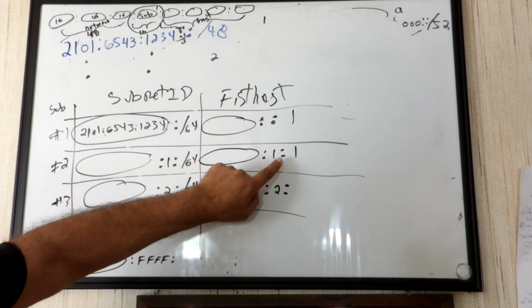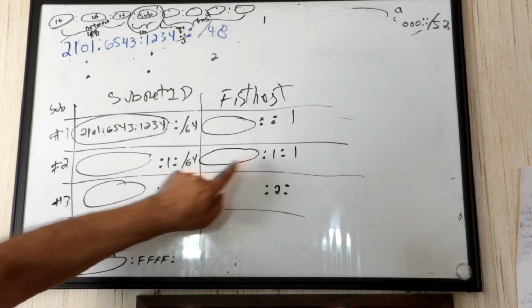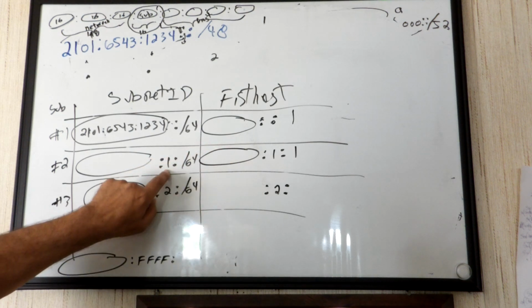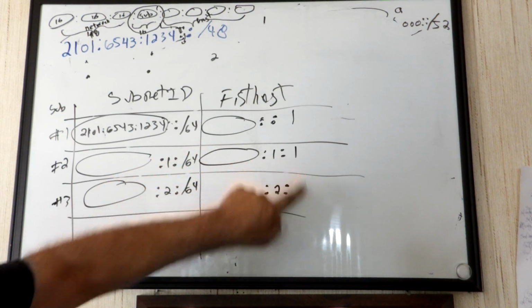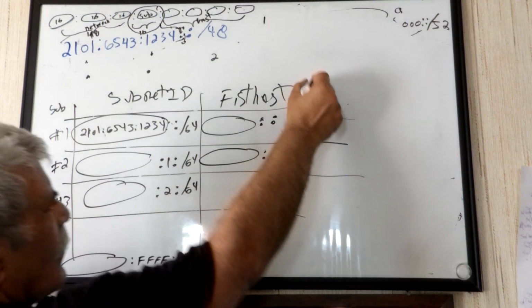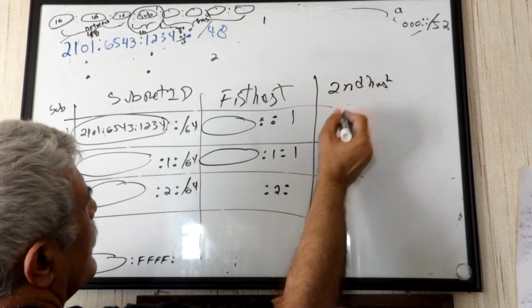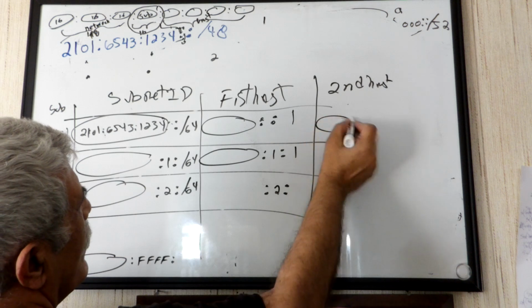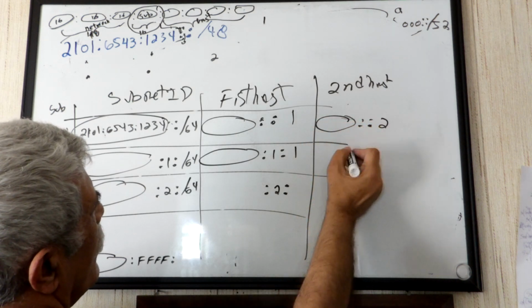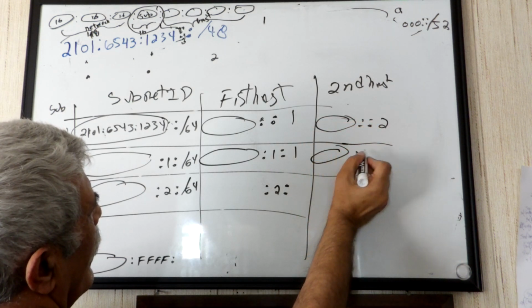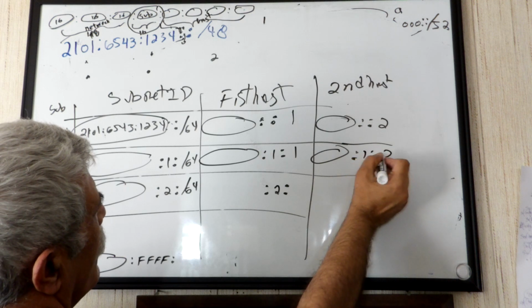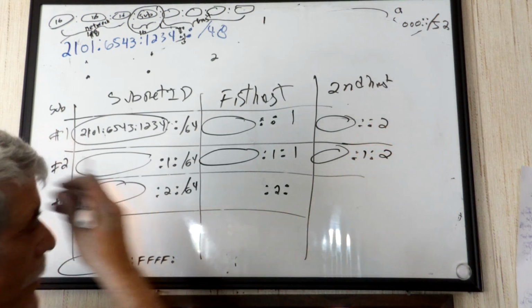If you want the first one of the subnet, it is going to be exactly everything the same, except the one it goes. And if you want the second host, it is going to be the same thing, here 2, here 1, 2, and then this is the second host.